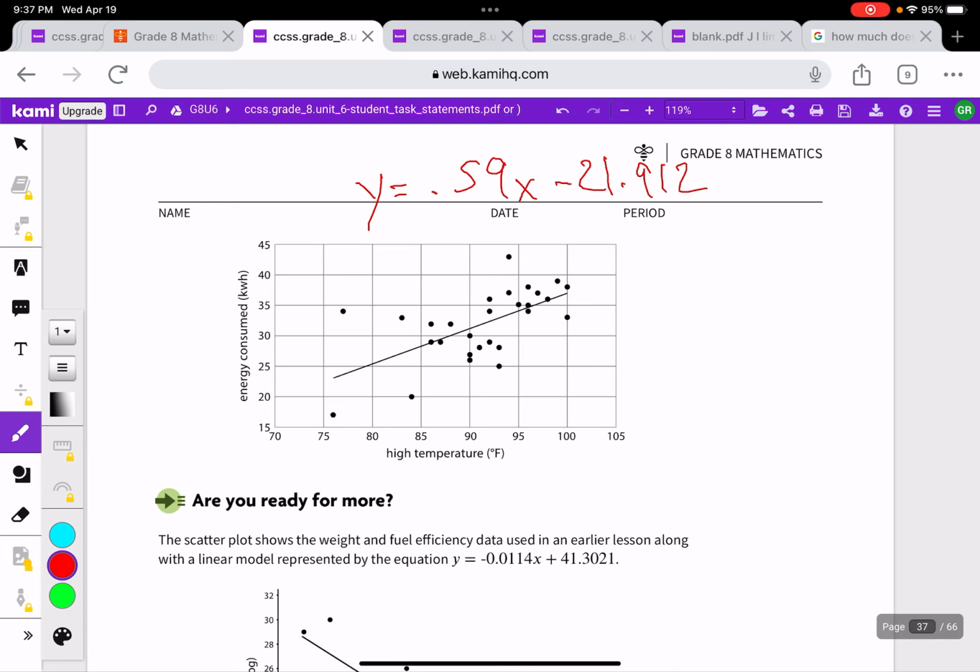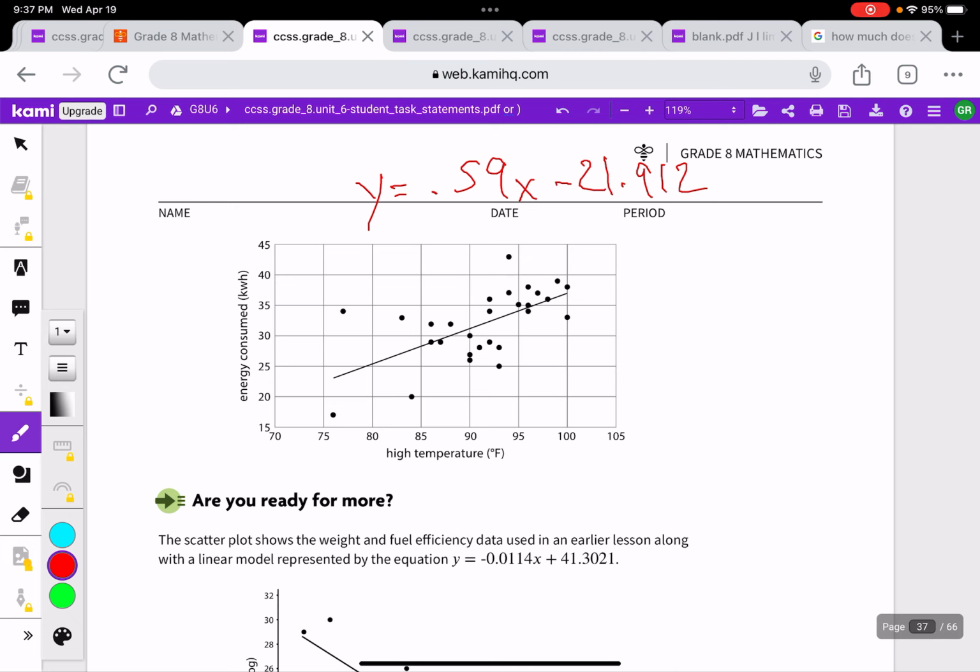Kilowatt hours is a type of way to measure energy that you're consuming. It's like how much electricity you're drawing from your power line. You're sucking in electricity from your power line, and usually when your air conditioner is running, your kilowatt hours goes up, and goes down when you're not using much electricity.